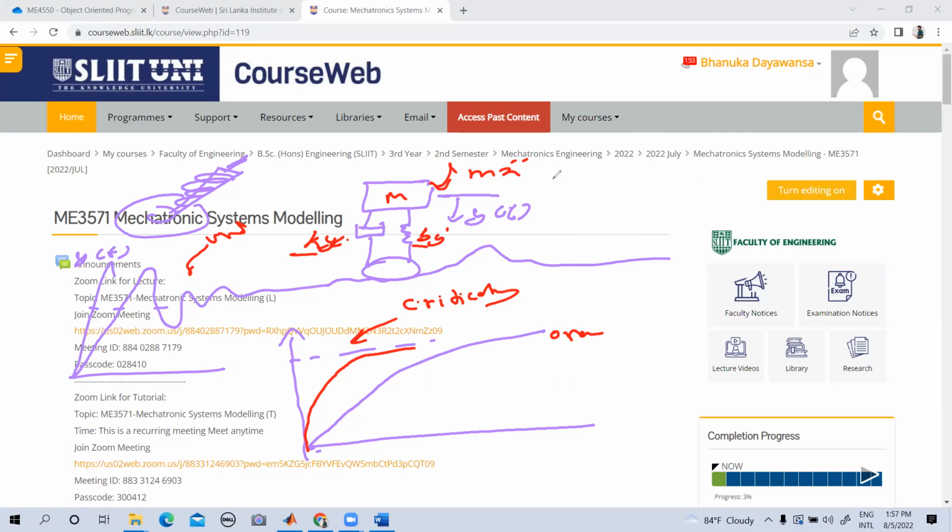Because there's an x double dot here, this system is second order, right? That means we will have a differential equation of the second order. We don't like to solve second order models, right?